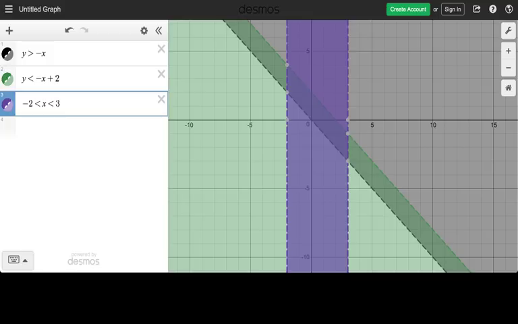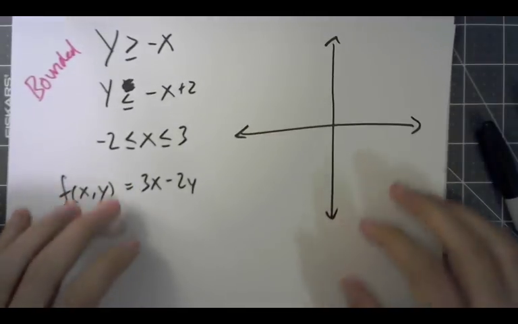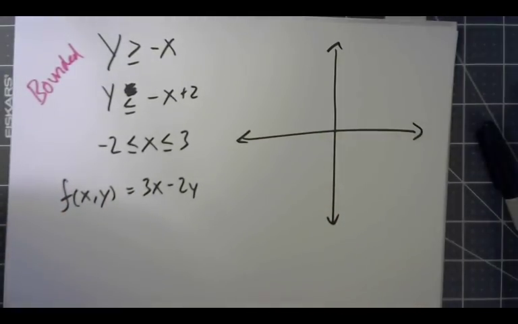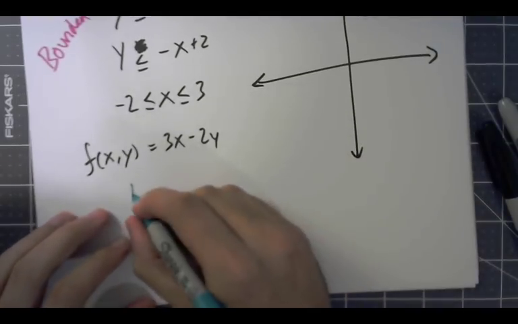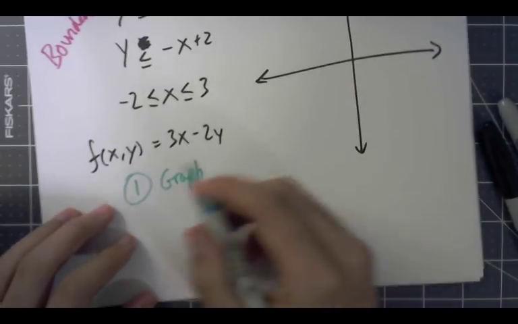And what I would do is not graph it in your calculator. It'll be easier to graph it outside your calculator and find the vertices, because we have 3 big steps. Step 1, we're going to graph it, put it over here.